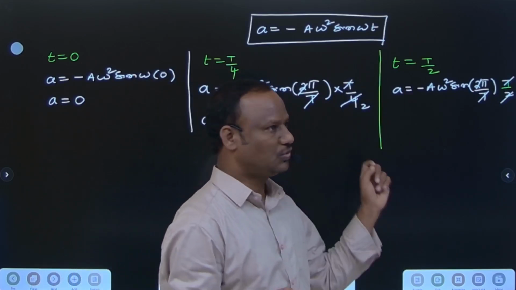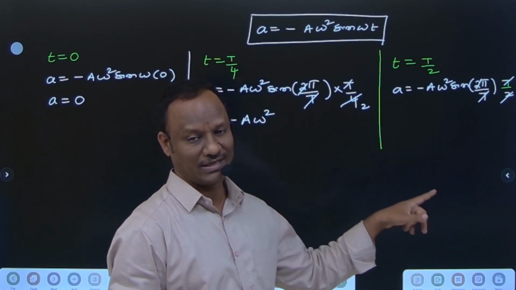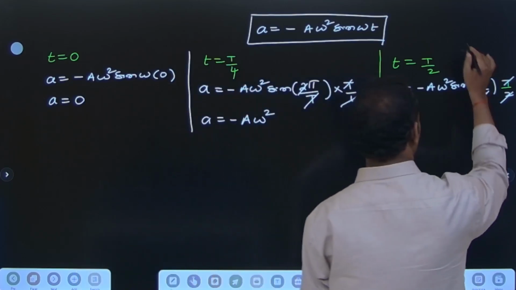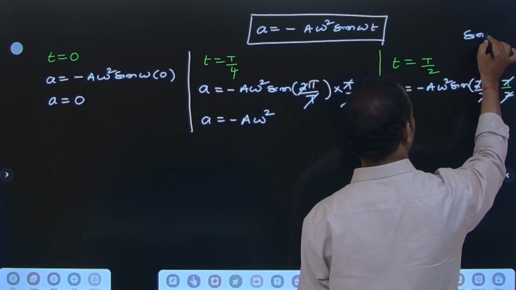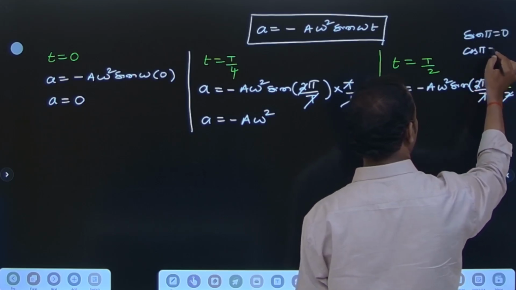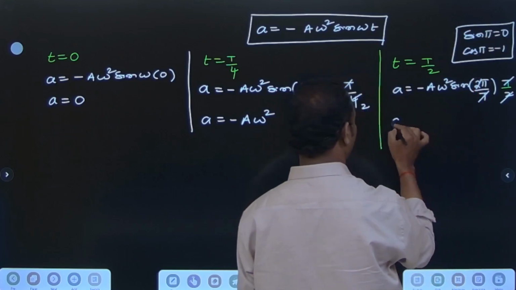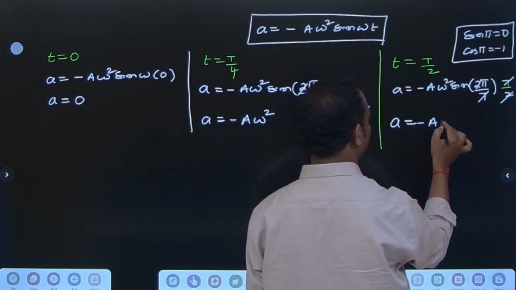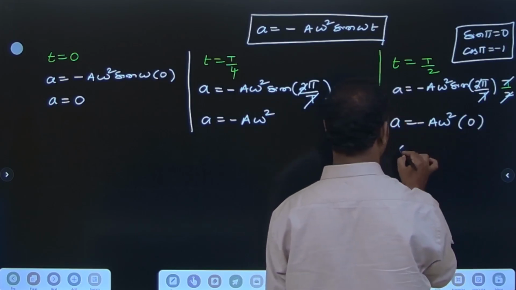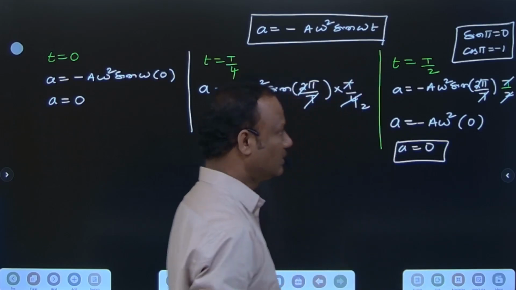Sin pi, 2 pi, 3 pi, 4 pi are all 0. Cos pi, cos 180, is minus 1. So remember, sine pi is equal to 0 and cos pi is equal to minus 1. So a is equal to 0 now, perfectly.